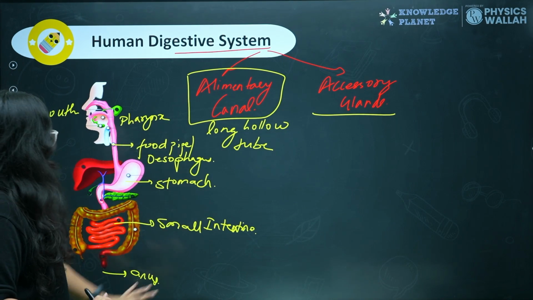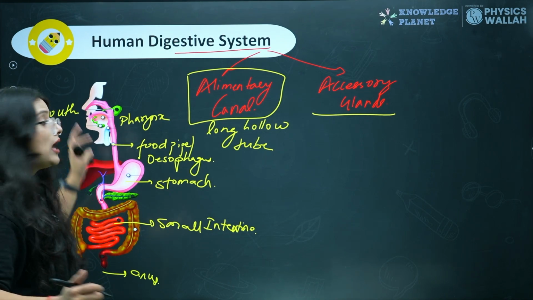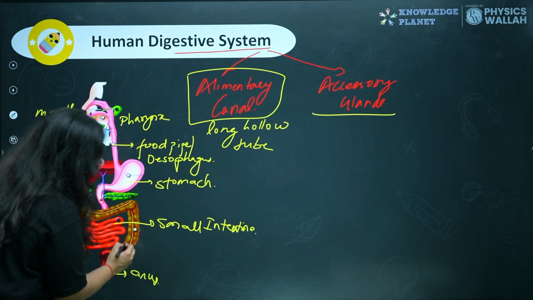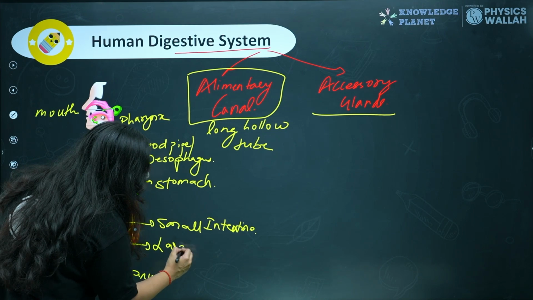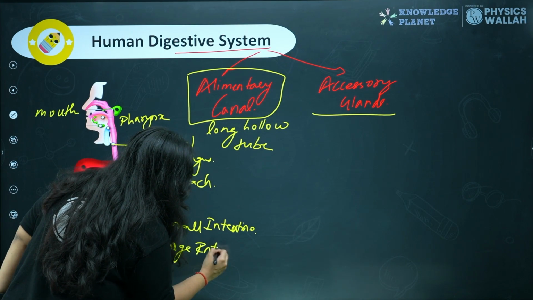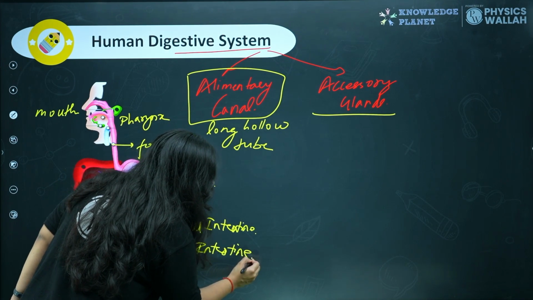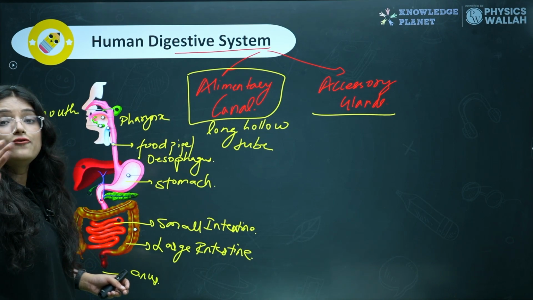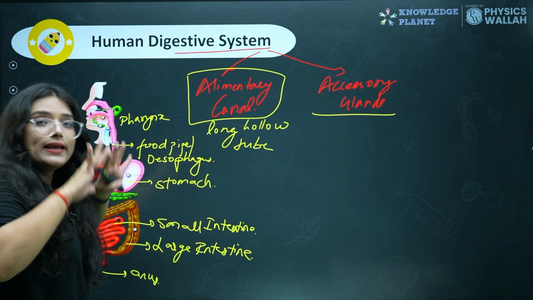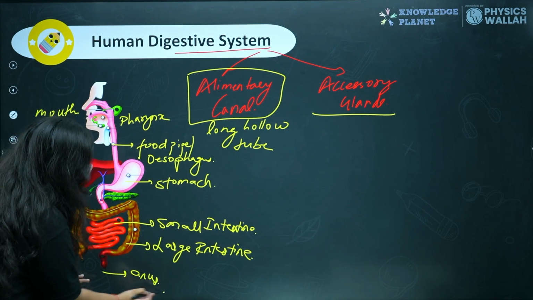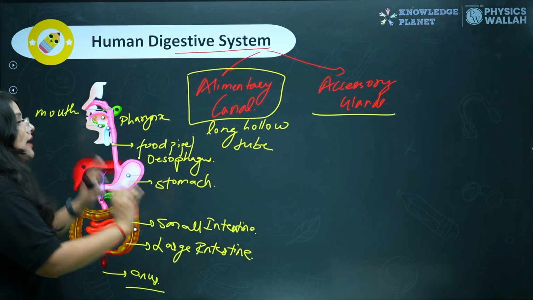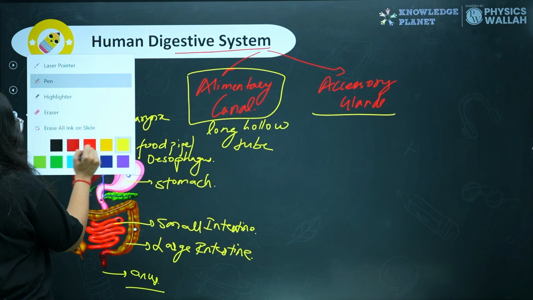Now the undigested food is further pushed down towards the large intestine, and finally it forms the feces, the waste material, which is then expelled out of the body through the anus. Let us take a look at this again.